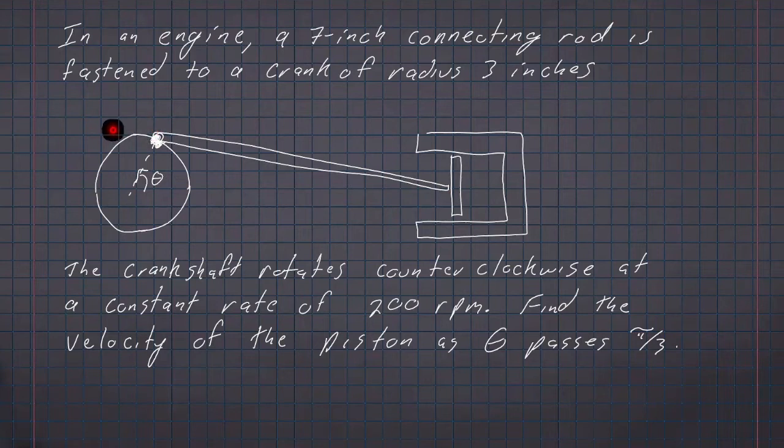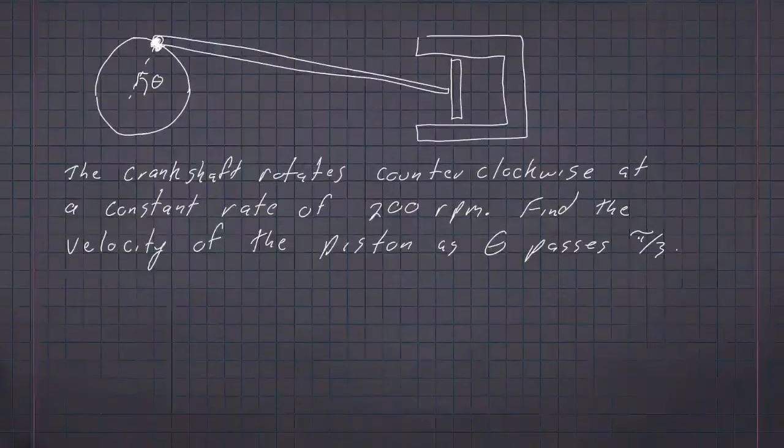And we can use the rate at which this is rotating to figure out how fast this little piece is moving. To solve this problem, we're going to have to think a little bit outside the box. The first thing I'm going to do is redraw the picture with as much detail removed as possible.